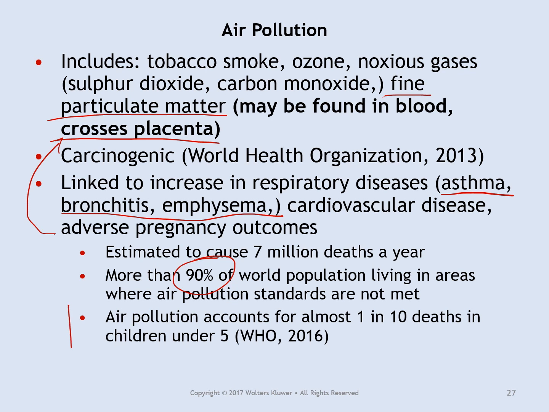And then this last statistic here, which I think is kind of sobering and maybe a little damning, air pollution accounts for almost 10% of deaths in children under 5, usually because of either asthma or pneumonia. Upper respiratory infections, asthma, and pneumonia tend to be the biggest respiratory killers of very young children.